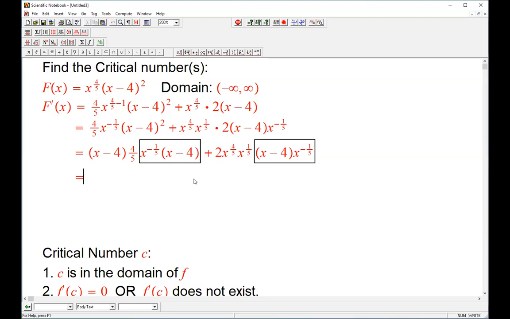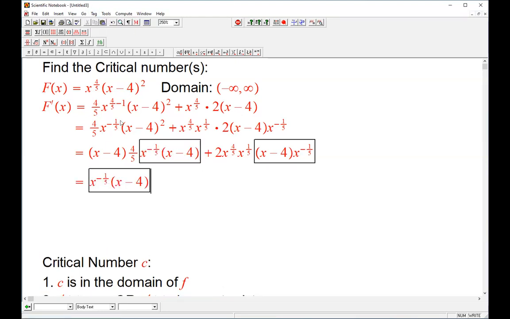So now we're going to factor out the box part, right? That box part is factored out. So what do we have left? We have 4/5 times x minus 4, right? On the second part, we have 2 times, right?